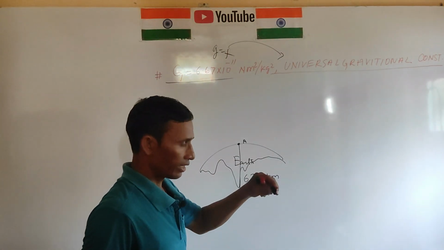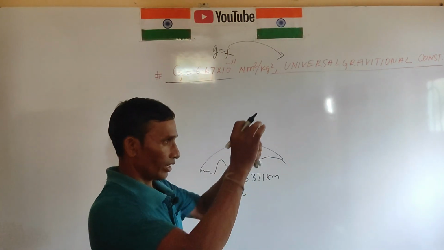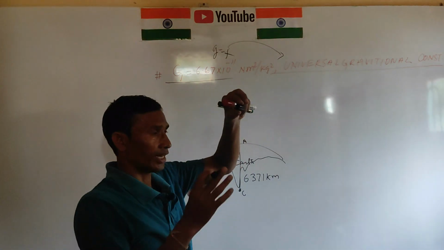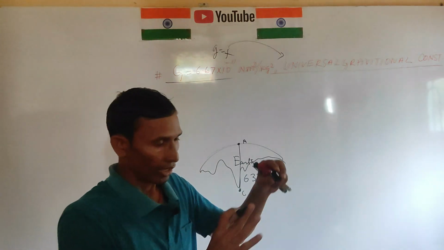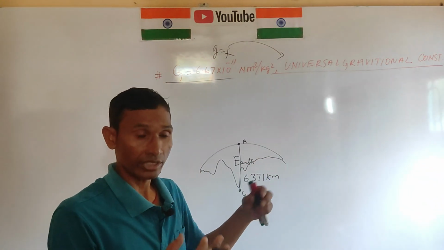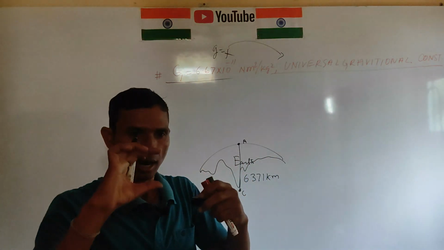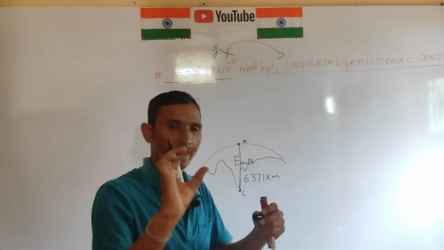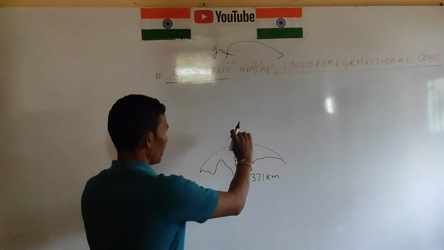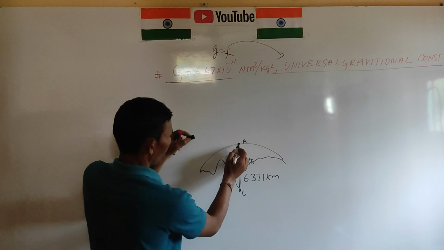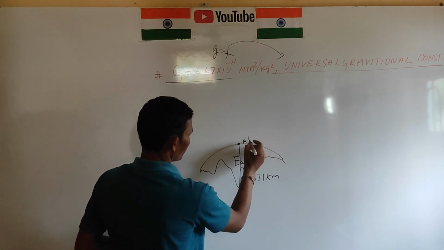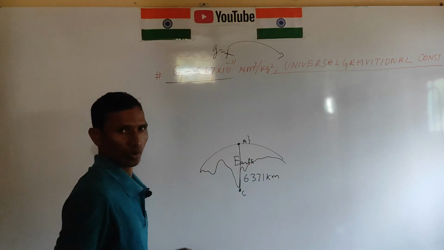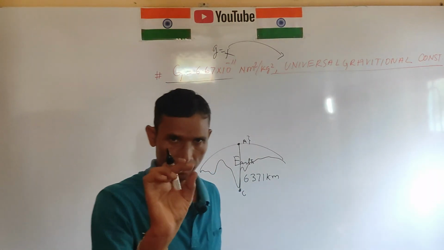That is, if it is falling down toward the center, then we consider it in the universe. Just 1 meter height or any 1 inch high. This is in the air. Suppose that this is the Earth and this is 1 inch. 1 inch is 2.54 centimeter.